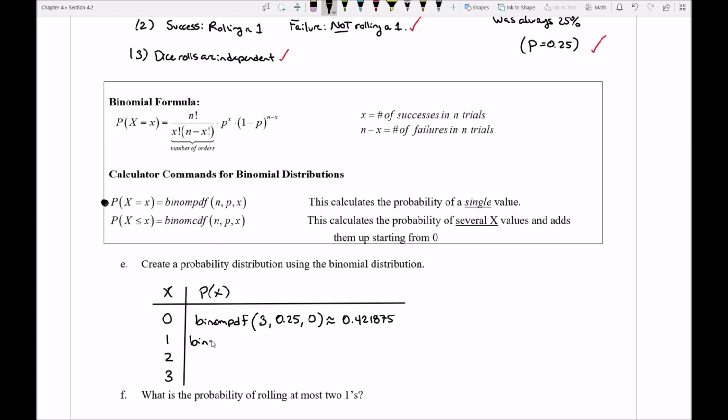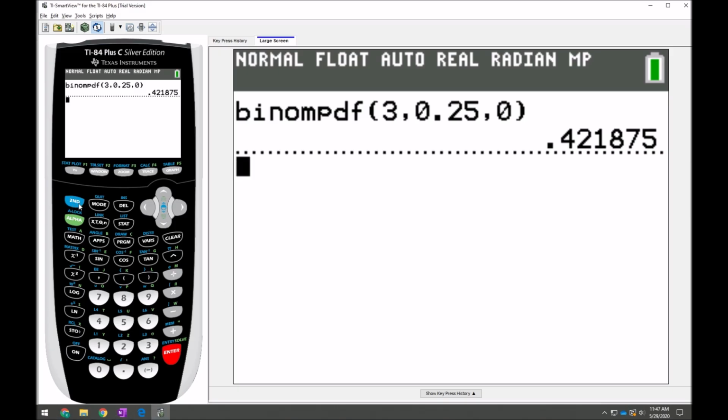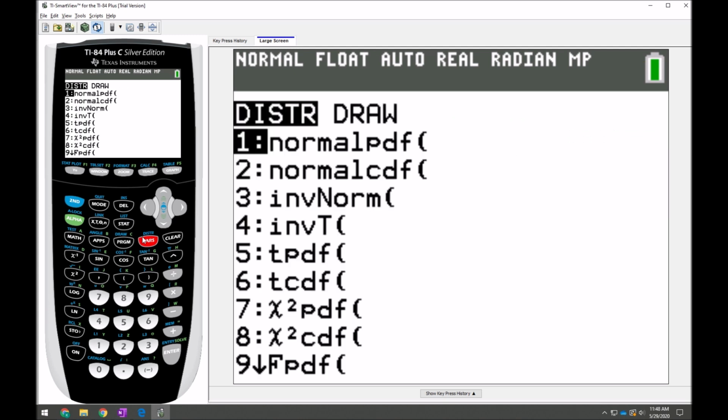Notice that all of the rest of these binom PDFs are going to be set up pretty much identically, because I still am rolling the die 3 times. There's still a 25% chance to get a 1. I'm just going to change how many times I want to get that. So it's really just this number at the back that's going to change. So if I go to my calculator, I can go back through the menu options.